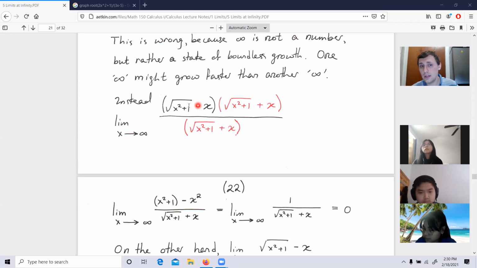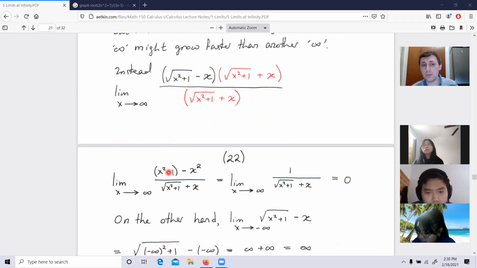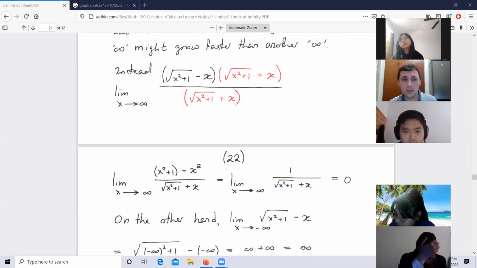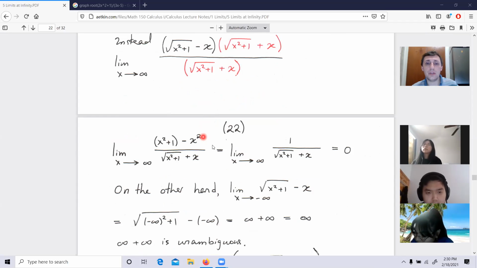When I multiply it out, I get x squared plus 1 minus x squared, because I get a squared minus b squared. Good? And what I'm left with is 1 in the numerator, and root of x squared plus 1 plus x in the denominator. So the answer is 0.